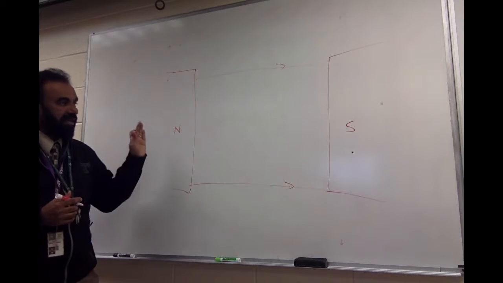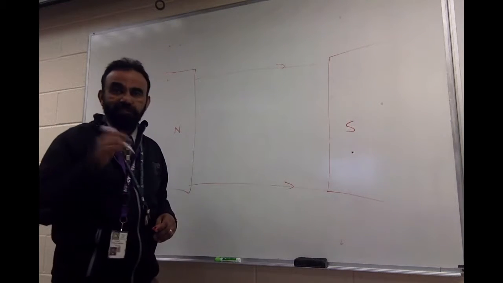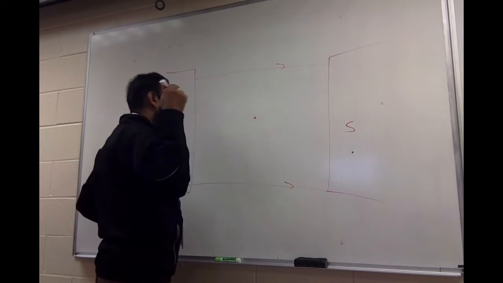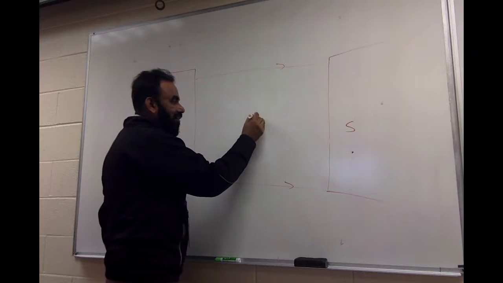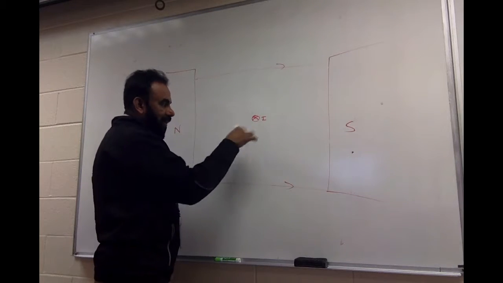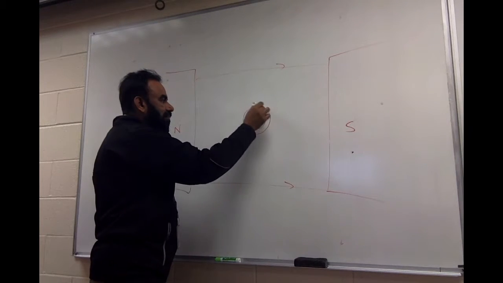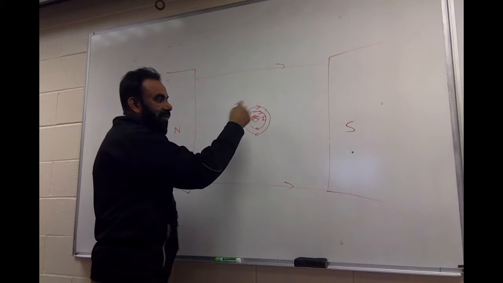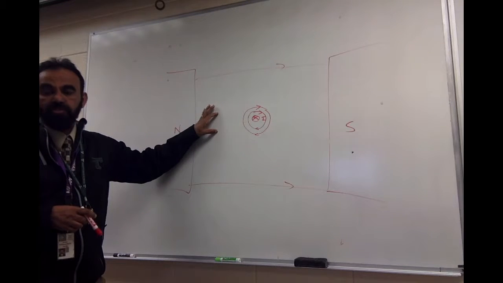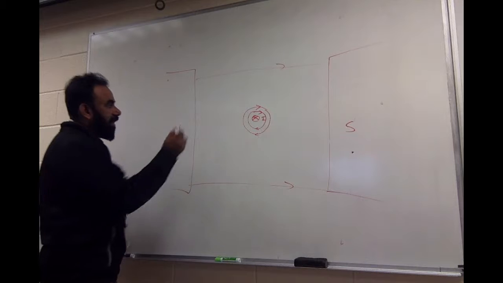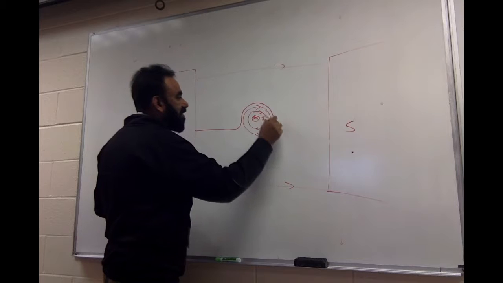Now, magnetic fields are going to be uniform if nothing else is in between. But if I have a wire in between, if I have a wire going into the board and carrying a current into the board, this current has its own magnetic field around it. And what will happen then is these magnetic fields from the magnet will get distorted because of this. So the magnetic field of the magnet will go like this, and no lines will intersect.